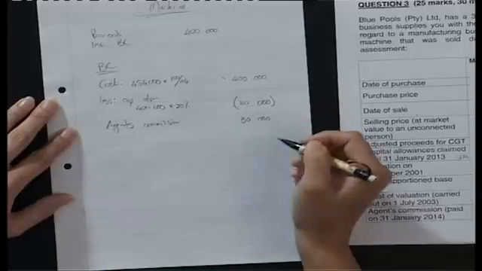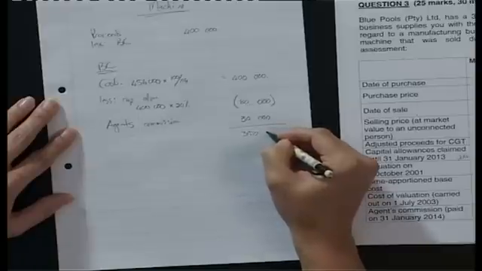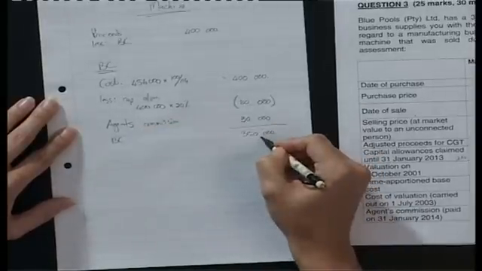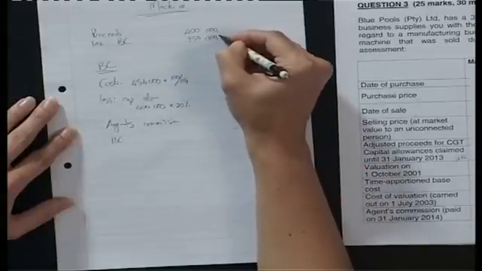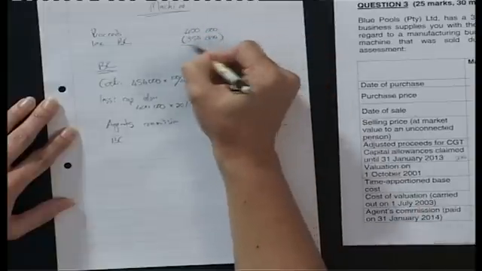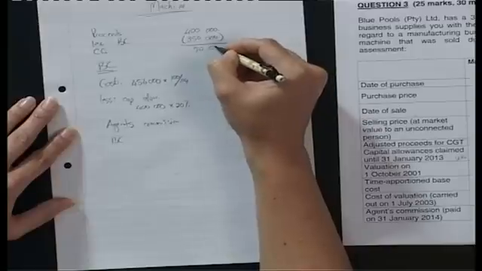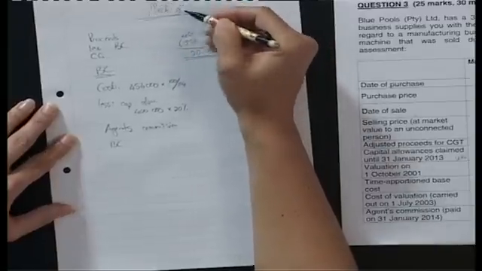And that's all the costs relating to this asset that I can add together. So my base cost of the asset is 350,000, which I can slot there in my formula for the capital gain. And this gives me a capital gain of 50,000. And that's the final calculation for my machine.